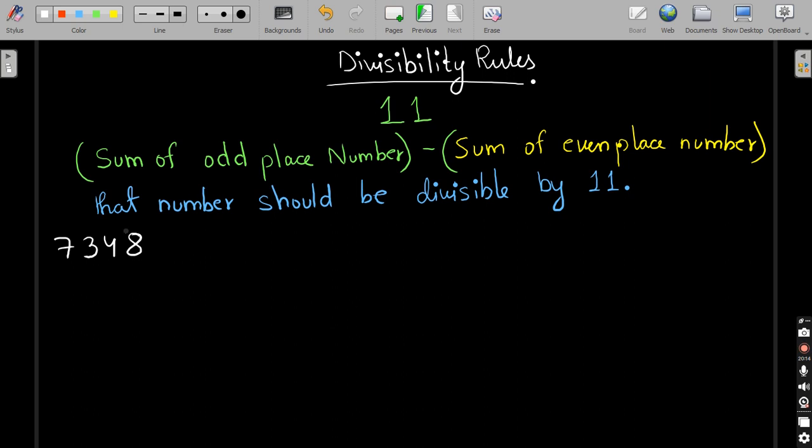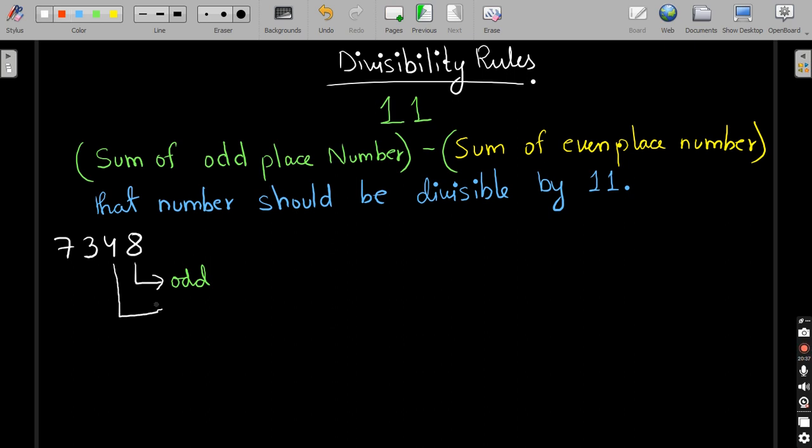In that number, first we need to identify odd places and even places. So let me write this number in the proper way. The first number I will consider as odd position, as 1 is odd. Don't get confused, students, it is just places.